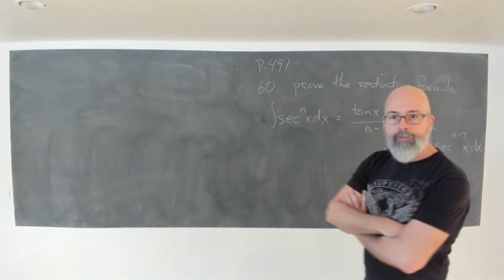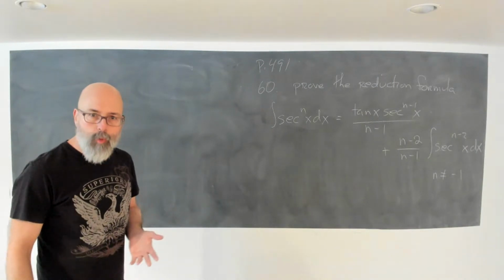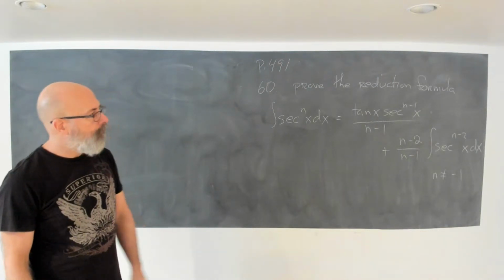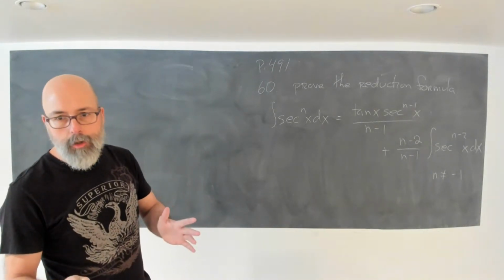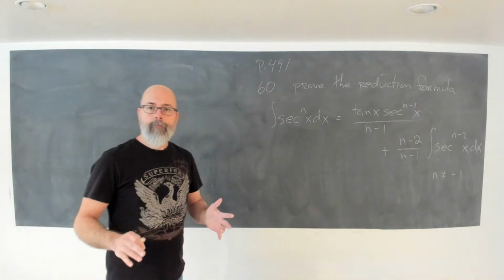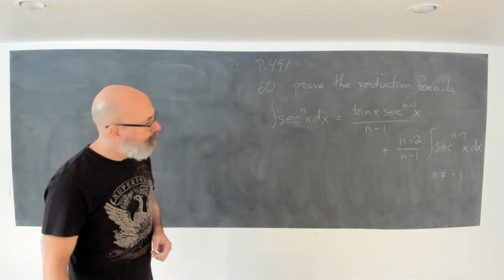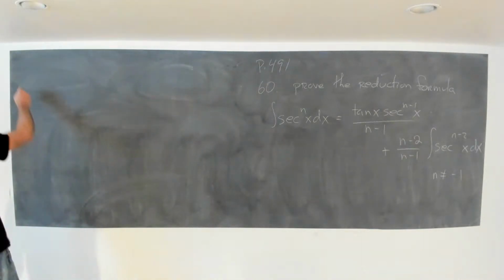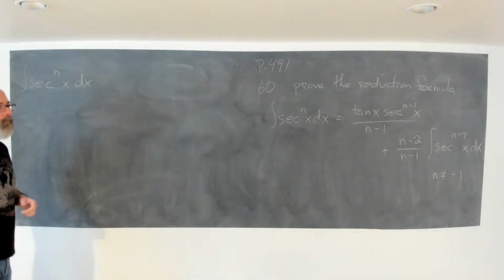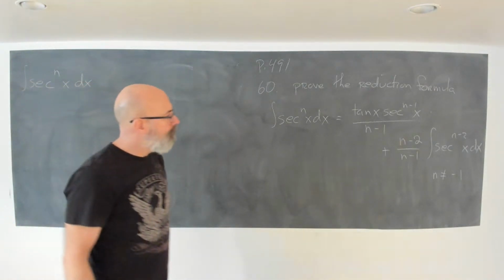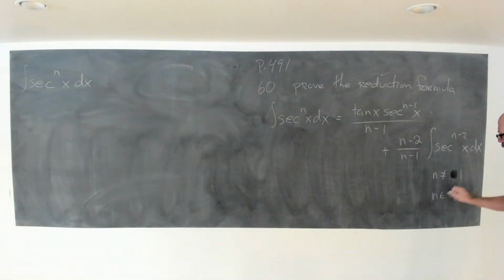Prove the reduction formula. Seems like a lot of work. Seems overwhelming. It really isn't. And the book has a bunch of these reduction formulas. First of all, I don't want you to use them. But it's a nice exercise to prove them. This is n not equal to 1, and n being a natural number.